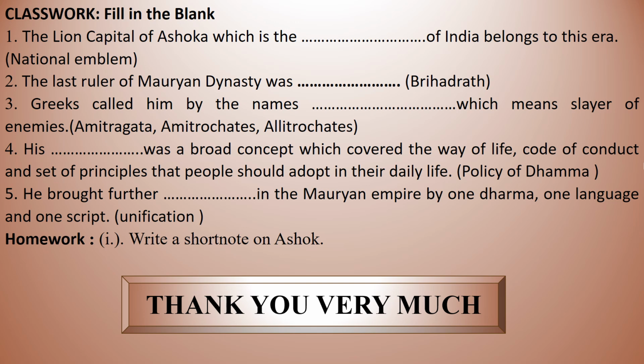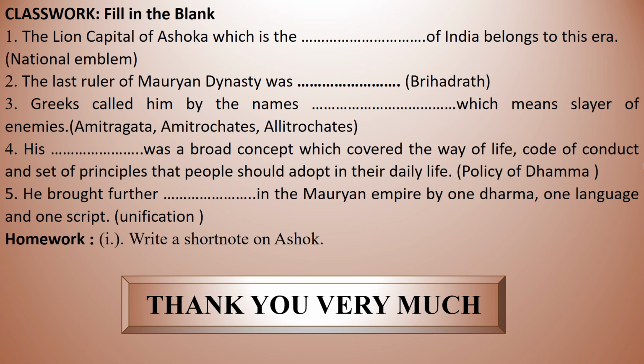The second one is, the last ruler of the Mauryan dynasty was dash. The answer of which is Brihadratha. Third, Greeks called him by the names dash, which means slayer of enemies. The answer of which is Amitragata, Amitrochates, and Allitrochates.